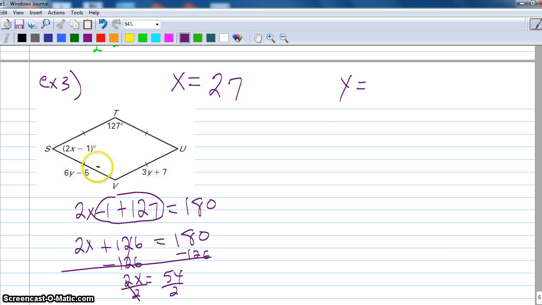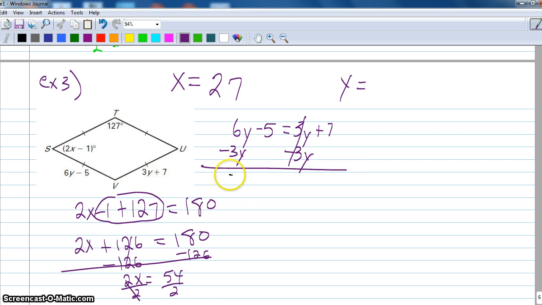Now the y. And here it is. 3y plus 7 has one little stick. 6y minus 5 has one little stick. Since they both have the same symbol, that means they are equal. So 6y minus 5 is equal to 3y plus 7. Subtract the smaller of the y's, which is 3y. 6y minus 3y is 3y minus 5 is equal to 7.